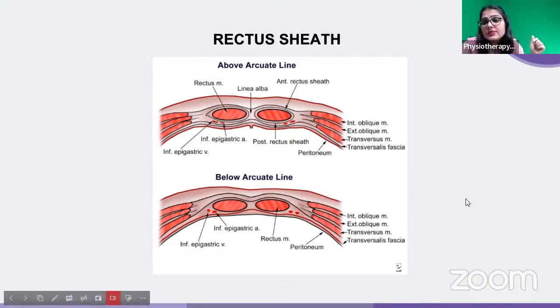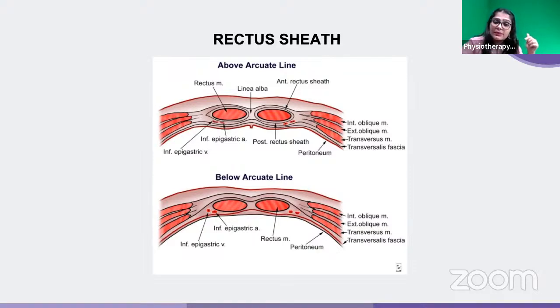Third one is the transversus muscle, which is present on the posterior side. And if you see the second image, below the arcuate line, all the muscle aponeuroses run anteriorly. There is nothing on the posterior aspect. Okay. So this is about the rectus sheath, which I wanted to add a note of.